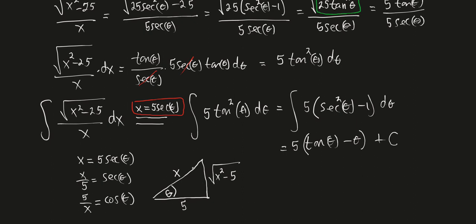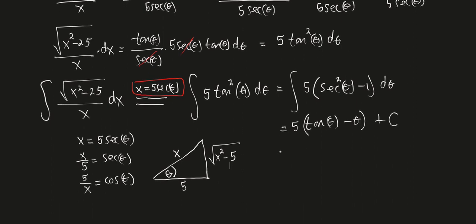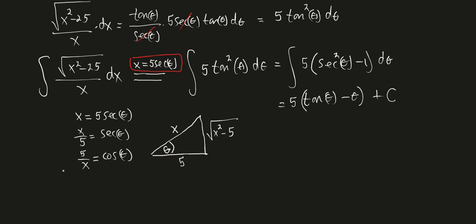And once I have this triangle along with this equation, I can figure out what the tangent of theta is, and I can figure out what theta is, right? In fact, let's write down what theta is. Using this equation, if I take arc cosine of both sides, that will leave me with theta.